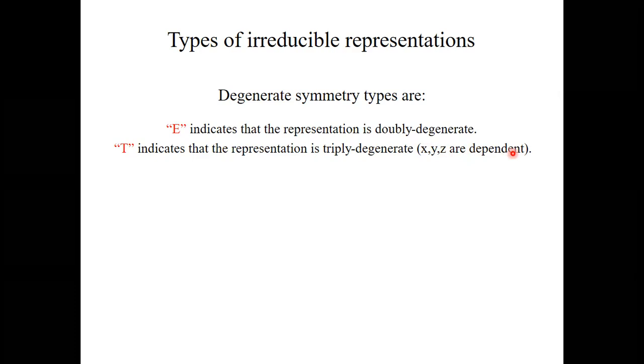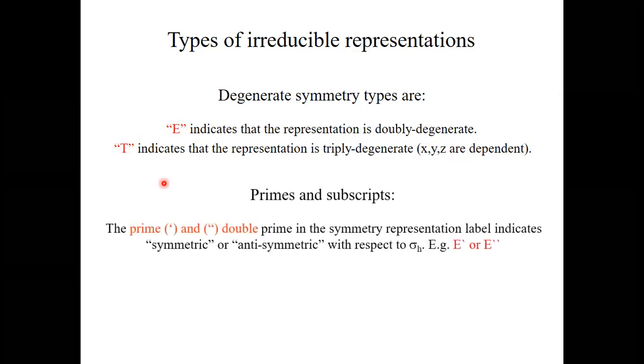They are triple degenerate. So for both the symbols E and T, there can be, again, subscripts and superscripts. We do not need to know and memorize them all. I just want to illustrate this concept by giving a few examples here.